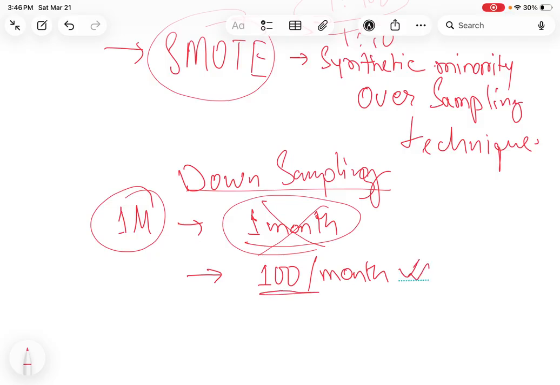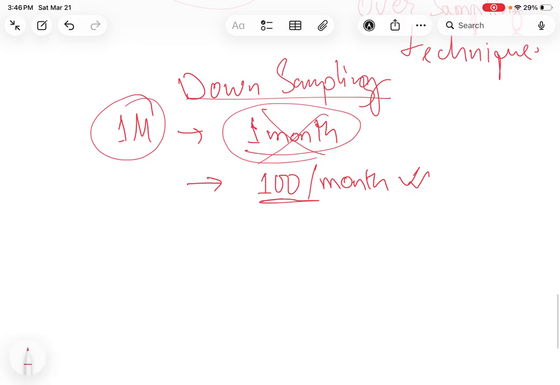But this is also from the business process and strategy perspective. If that is happening, you have to know why you are losing 100 people per month from a subscription, right? Anyway, so when you are sampling the data, your actual sample happens, that means those which are churn, right?